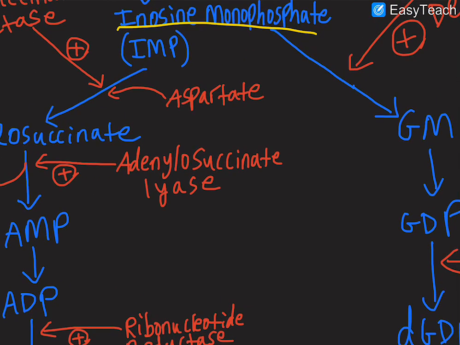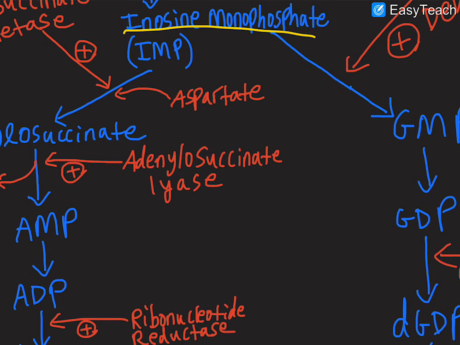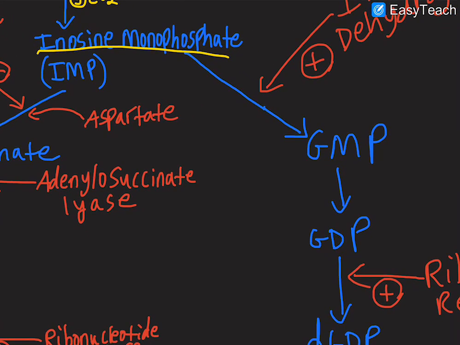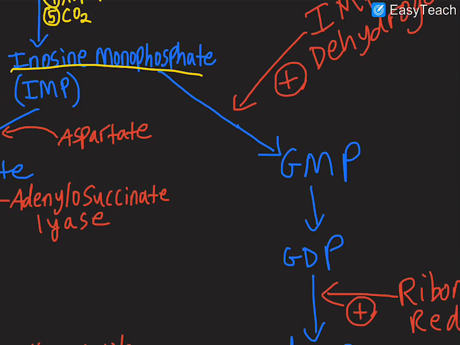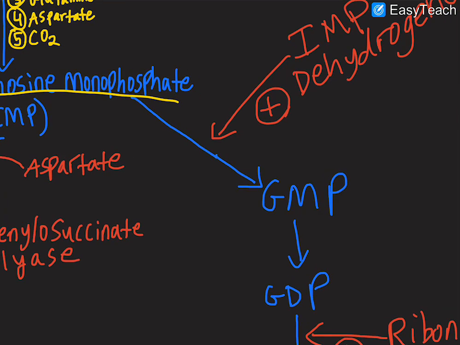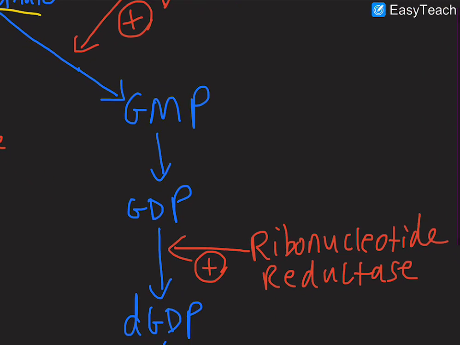Now let's make GMP and deoxy GMP from IMP. If we take inosine monophosphate down the other pathway, we can use IMP dehydrogenase to convert IMP to GMP. Now we have GMP. From GMP, we can just add a phosphate and get GDP, guanosine diphosphate.